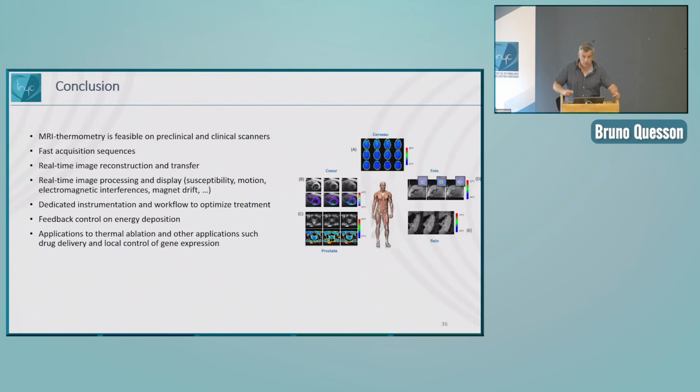You can also use this not only for monitoring, but also for controlling the heat deposition in real time. And this can be applied to various conditions for thermal ablation, but also for control of gene expression or local drug delivery. So thank you.